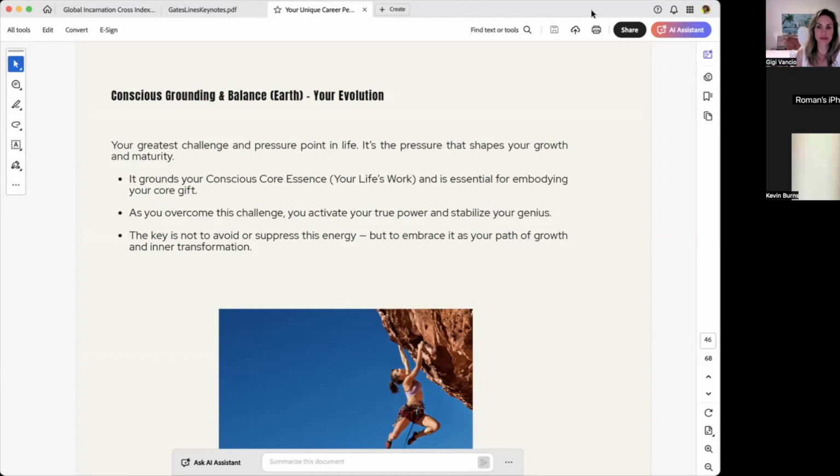The people that you start to work with, you can start to incorporate their design. If you have a personal assistant, you can work with their design. If you start to hire people, you can look at their design. If you hire a coach, you can look at their design.